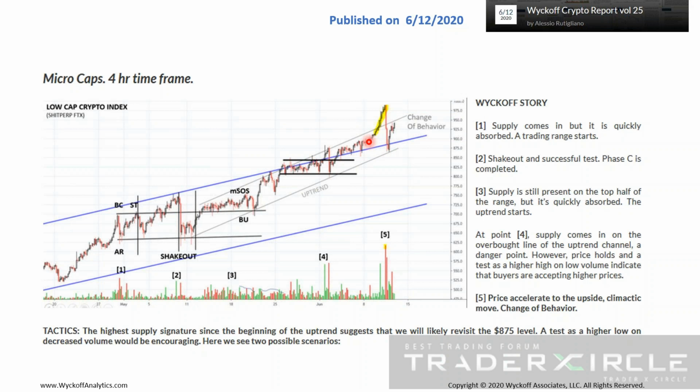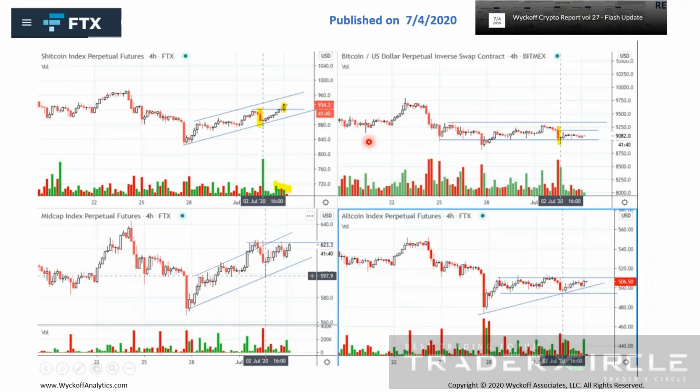Now let's come back to the chart that I published on Saturday. The low cap index here shows an upsloping structure compared to Bitcoin, and it's already breaking to the upside. We can find a very similar story in the mid-perp index.